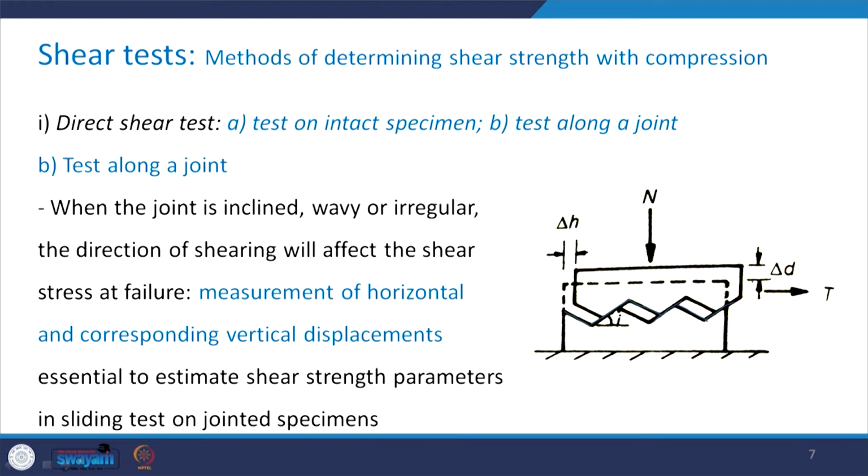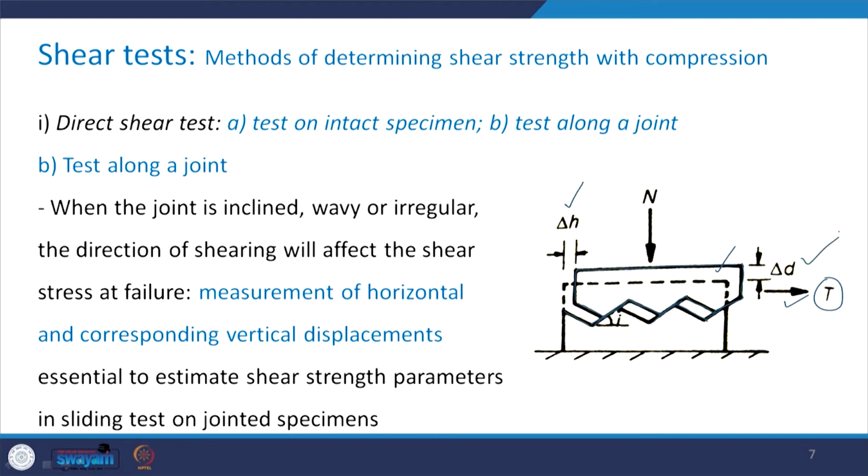So, you see here again the shear force is being applied from left to right direction, and because of the wavy nature of this jointed surface, when this force is applied, what will happen? It will try to slide, like this. So, this is going to be the new position of this upper block, and if you compare the original position, the dotted line, to the new position, which is the solid line, you will see that this gives rise to horizontal as well as vertical displacement.